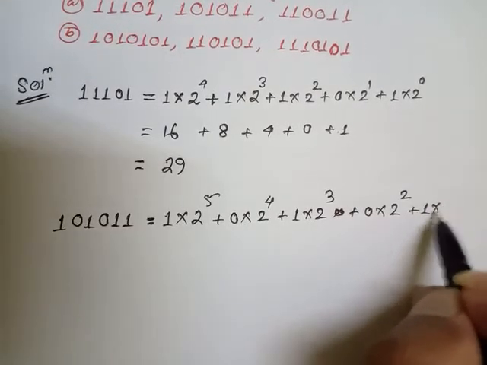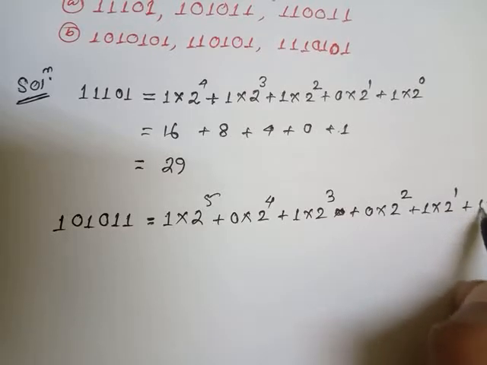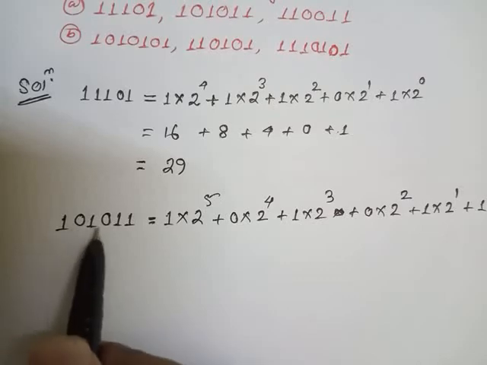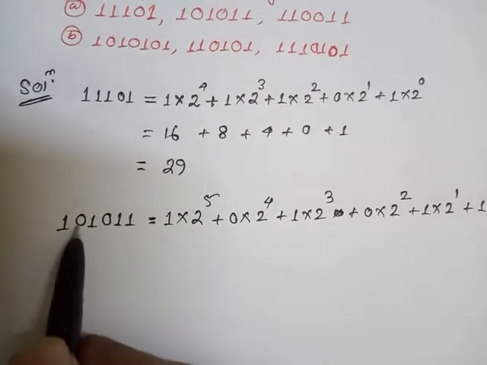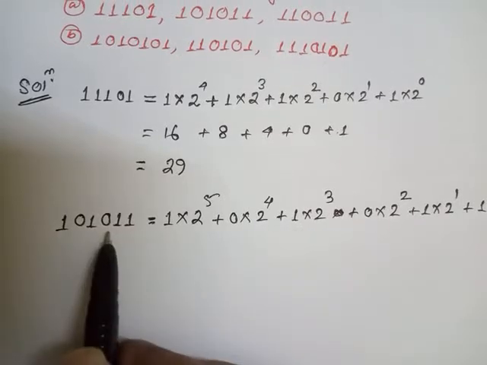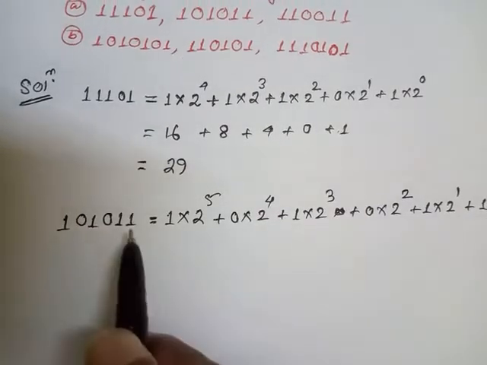Then 1 into 2 to the power 1, then 1 into 2 to the power 0. So 1 into 2 to the power 5, then 0 into 2 to the power 4, then 1 into 2 cube, then 0 into 2 square, then 1 into 2 to the power 1, and again 1 into 2 to the power 0.